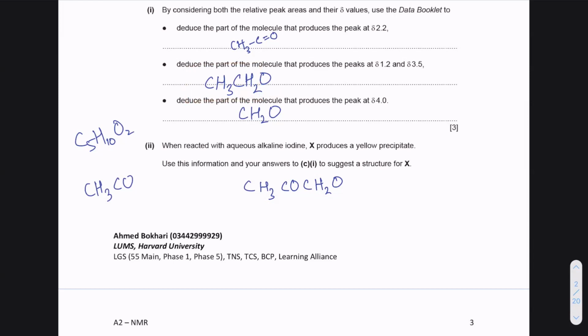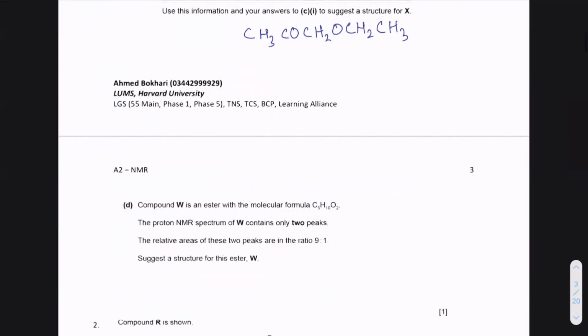So what if, because I already have 1 and 2 oxygen, I can't have another oxygen. So clearly ये CH2 CH3 इस तरह से था. So there you go. We have combined everything together and we have made the formula. Does everybody understand this? Moving on.